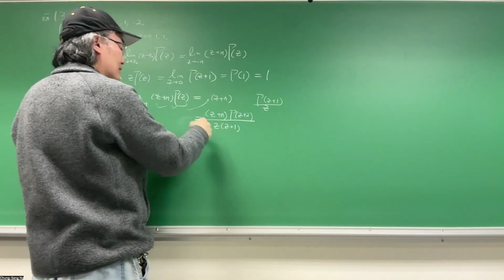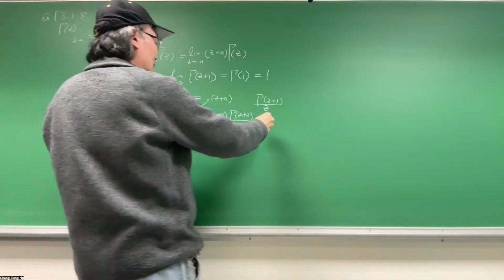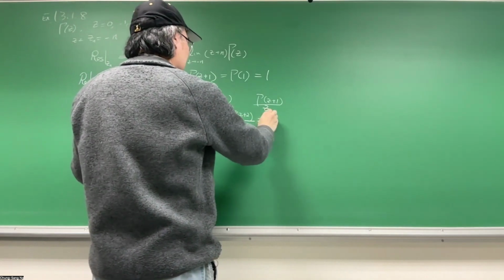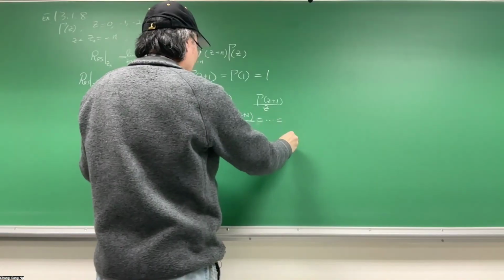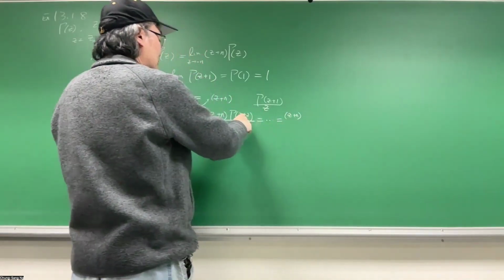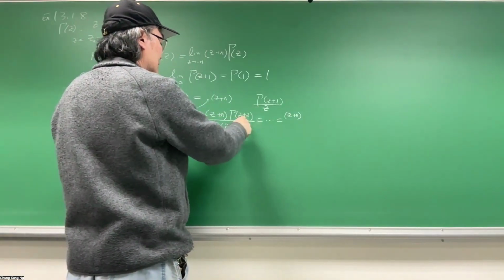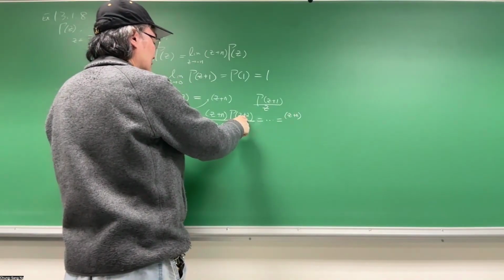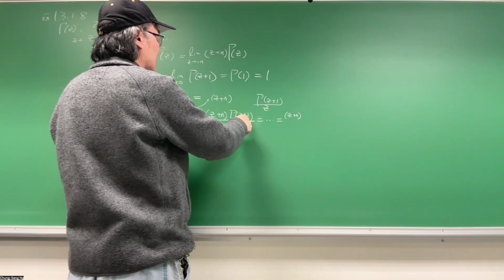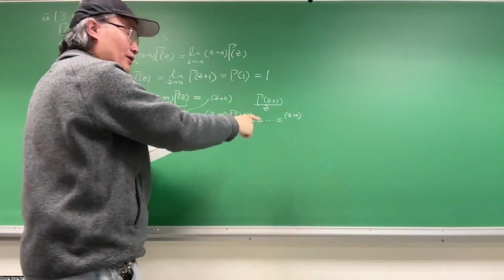And I keep doing that. You know what I'm doing, right? Each time the argument increases by 1, and what we want to get is 1, because 0 is singular.